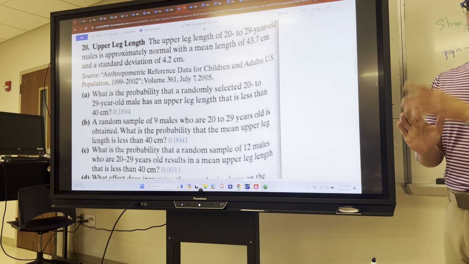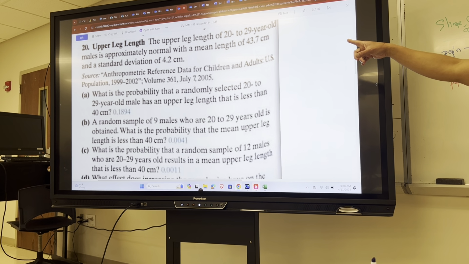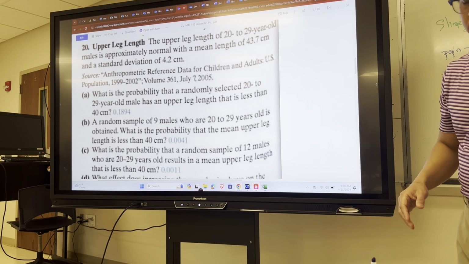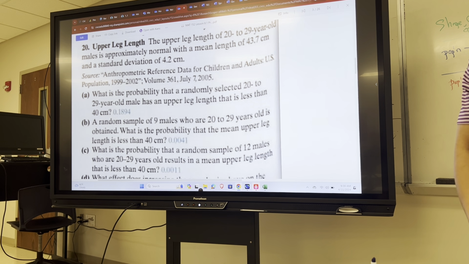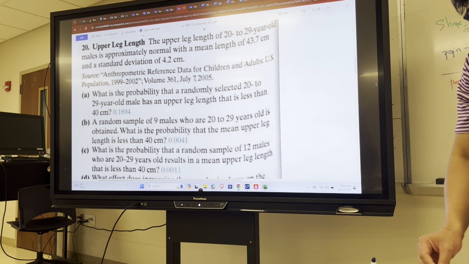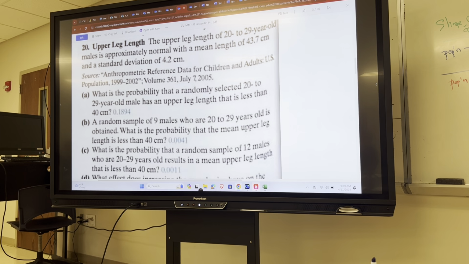Problem number 20. Robbie, go ahead please. The upper leg length of a 20 to 29-year-old male is approximately normal with a mean length of 43.7 centimeters and a standard deviation of 4.3 centimeters. Thank you. Consider letter A. What is the probability that a randomly selected 20 to 29-year-old male has an upper leg length that is less than 40 centimeters?